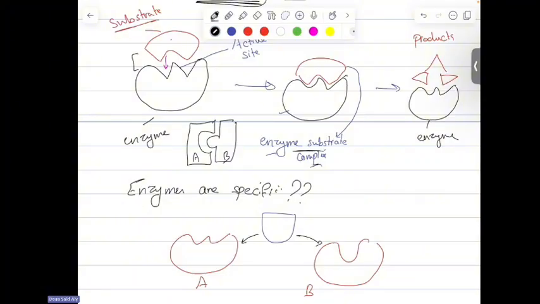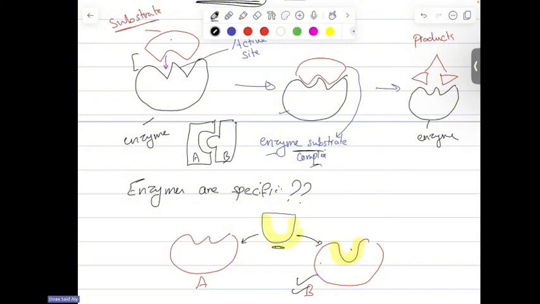Of course, this substrate combines to B. Why? Because they have a complementary shape. So this enzyme can break down this substrate. That's why we say that each enzyme has a specific active site. This is the specific active site.